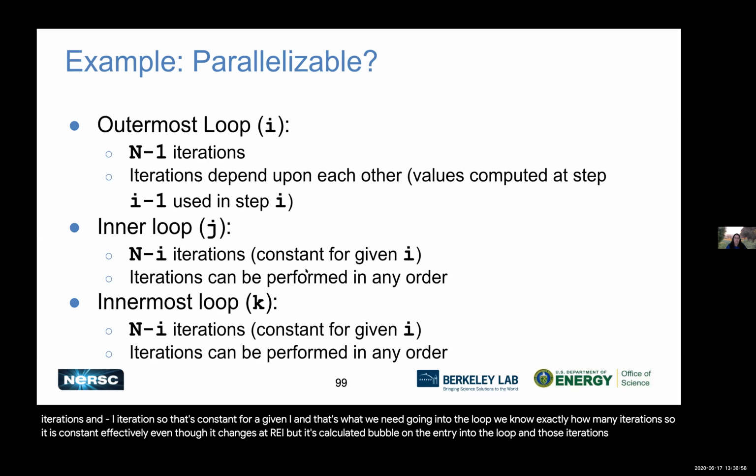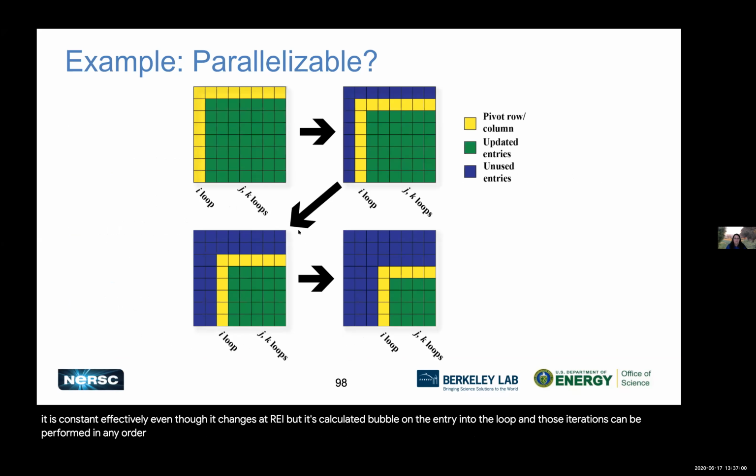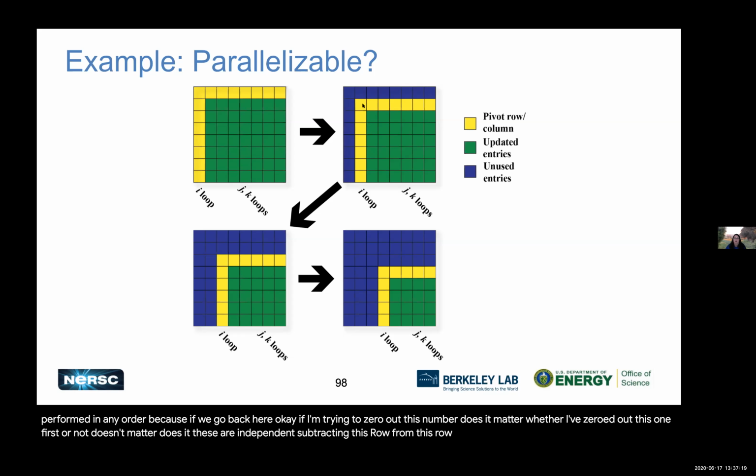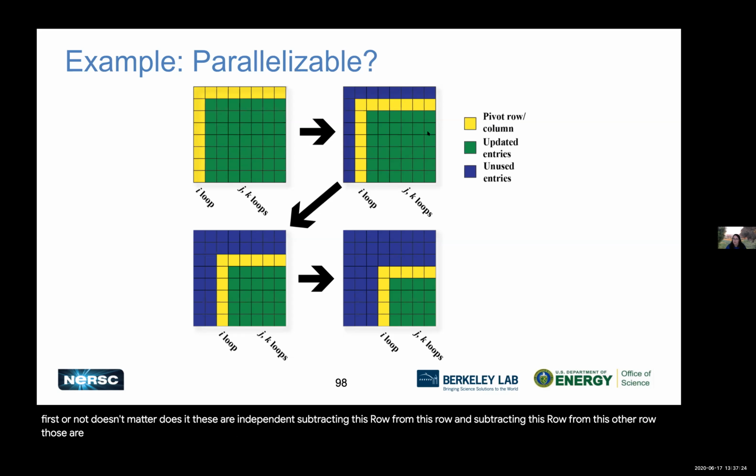And those iterations can be performed in any order, because if I'm trying to zero out this number, does it matter whether I've zeroed out this one first or not? It doesn't matter, does it? These are independent. Subtracting this row from this row and subtracting this row from this other row, those are completely independent operations. Okay, so that's why that loop is parallelizable.